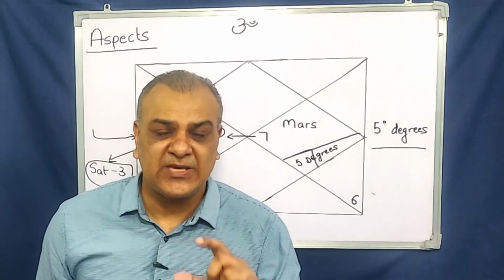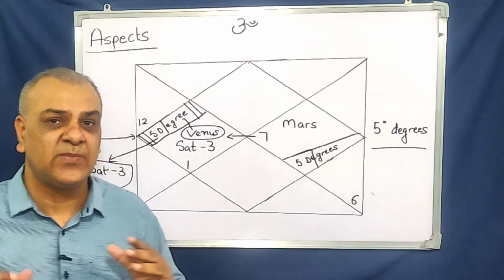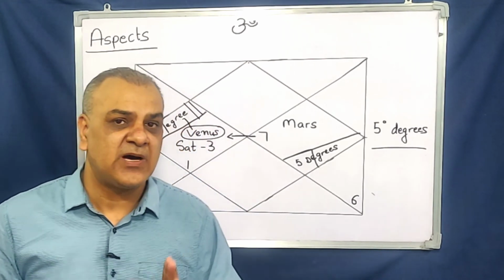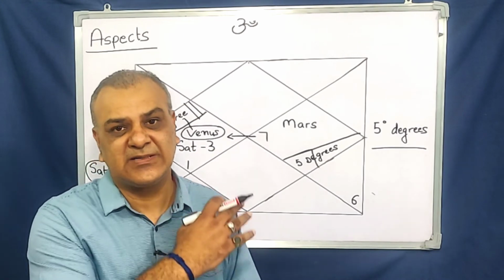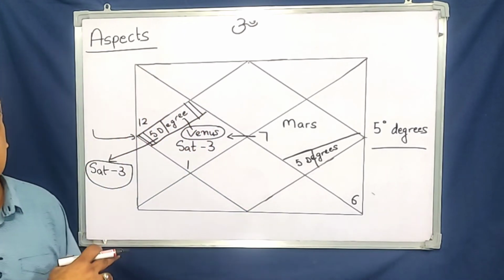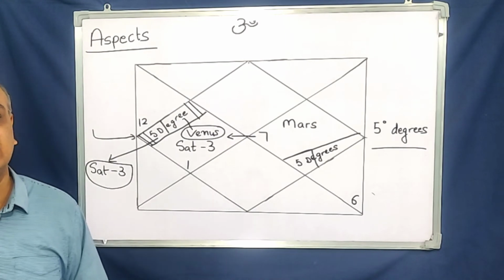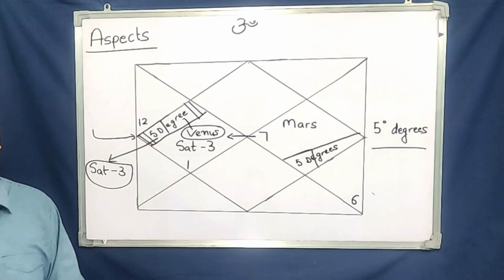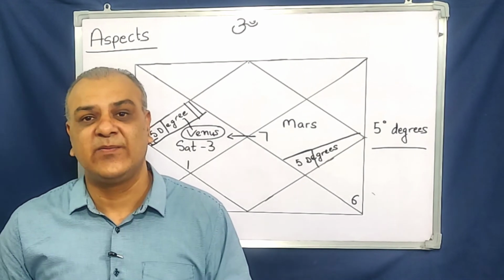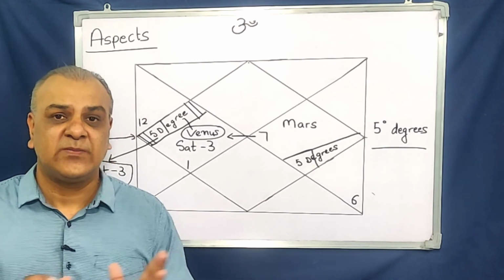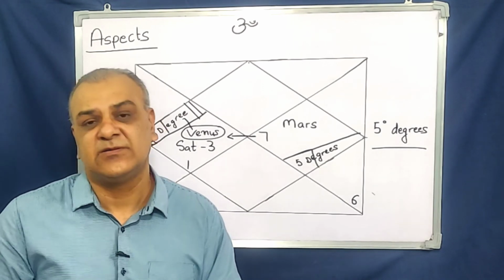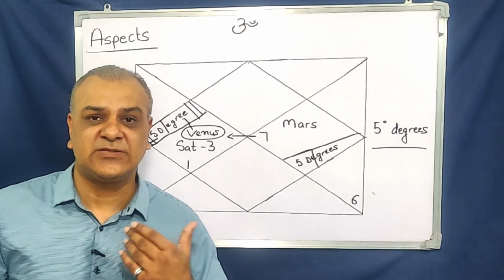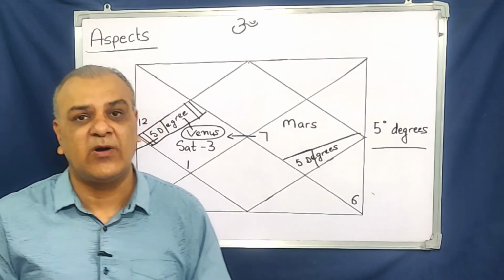So this is the major impact, because Mars is at 5 degrees. From 0 to 5 degrees, Mars will powerfully aspect that particular house. So when Venus comes here, both the planets will have a lot of aspect between each other, and what will happen, Venus will get afflicted by Mars and Mars will be afflicted by Venus, or in terms of affliction you cannot say, but both the planets would aspect each other powerfully.